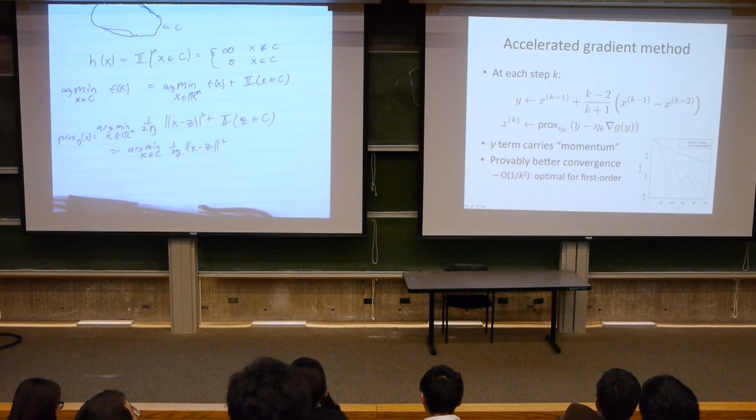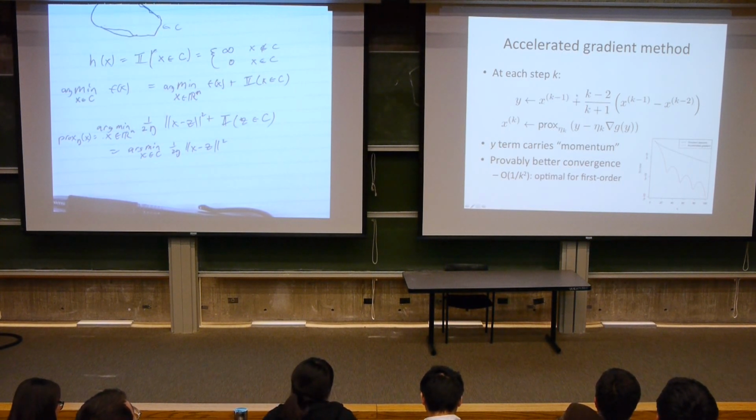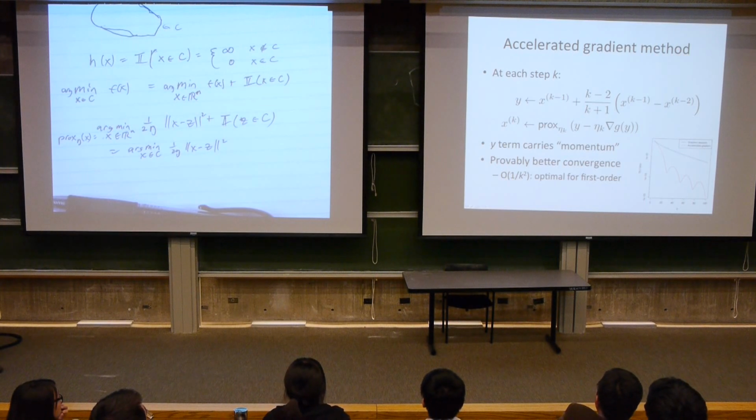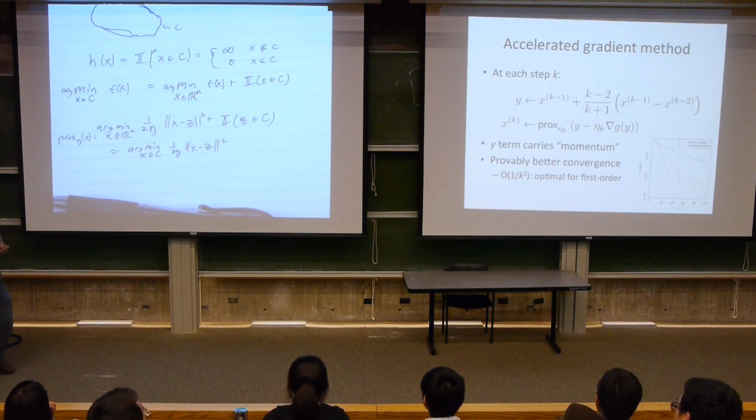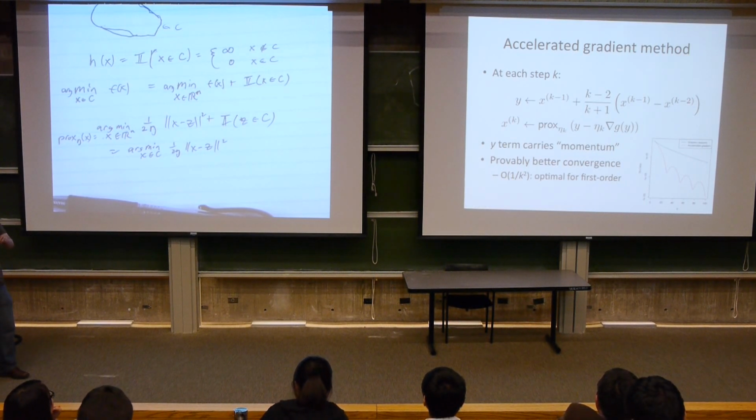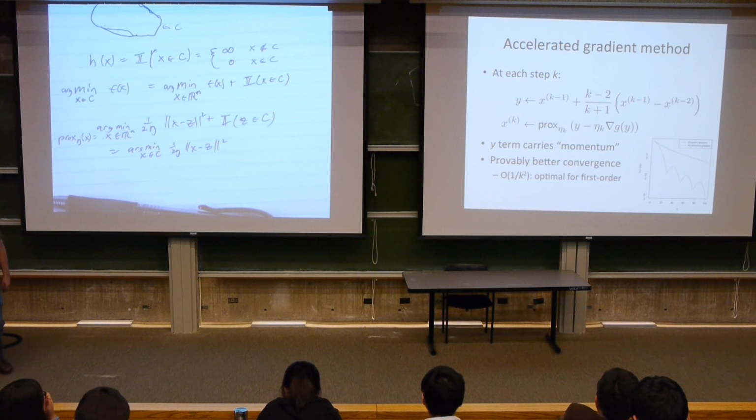But instead of the old x, we're going to be using this thing y, which is equal to kind of a medium between the old step and the step before that. So we're keeping track of not only where we just were and taking a step from the gradient, but we're accounting for how much we took in the last step also.